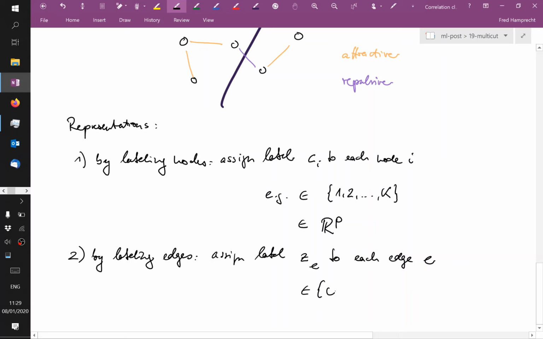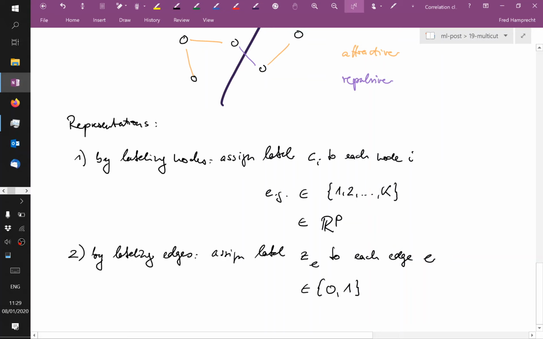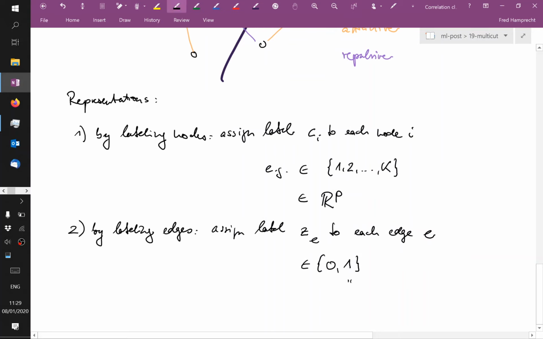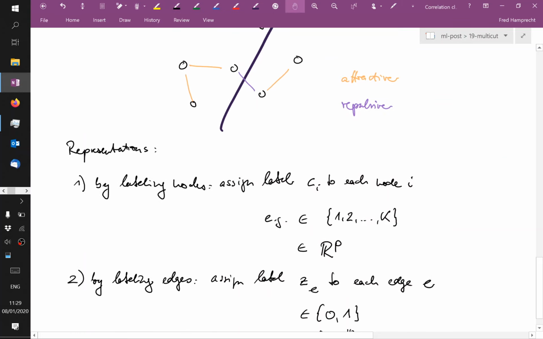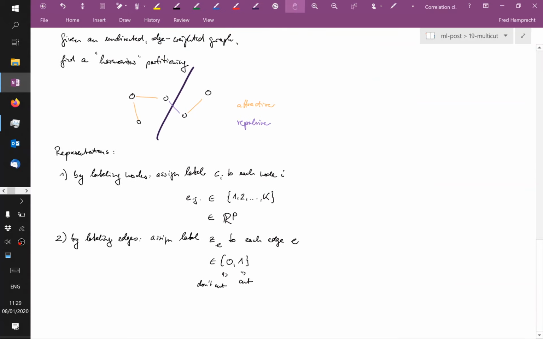I'm going to call these 0, 1 here, where 1 means cut, and 0 means don't cut. So in this tiny example up here, the edge labels would be 0, 0, 1, 0. And if all edges are thus labeled in a consistent fashion, then I also can infer the clustering.